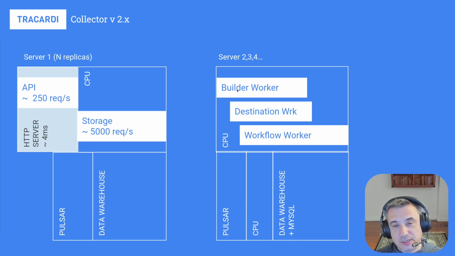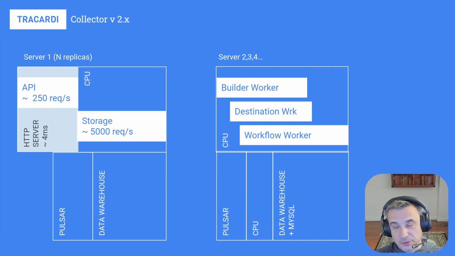There's a build worker that builds the data. So this part collects events, and this one builds the customer profile and other entities. It can also start a destination worker or a workflow worker, but they are all separate. It uses Pulsar, CPU for processing, and the data warehouse plus MySQL to store the data. Actually, MySQL is only read, just for the definition of how the data should be processed. This is a general overview of the architecture.